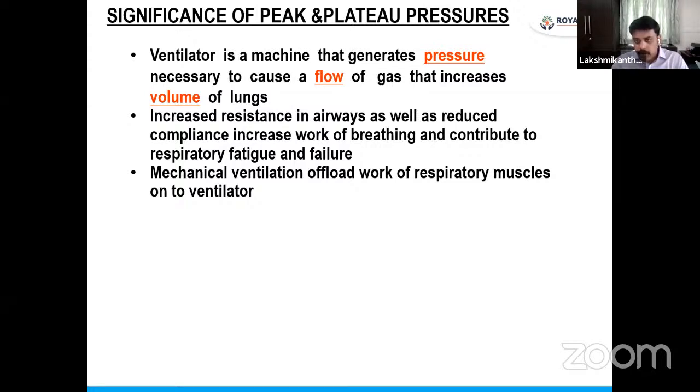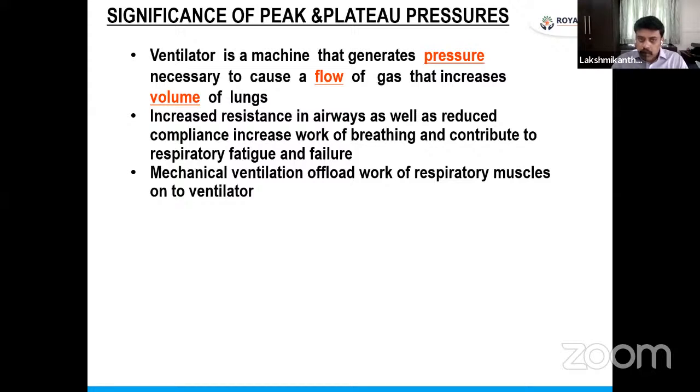If the same amount of tidal volume starts requiring more and more pressure, it means the patient's lung compliance is slowly coming down. If the same tidal volume is being attained with less pressure, it means the compliance of the lung is improving.